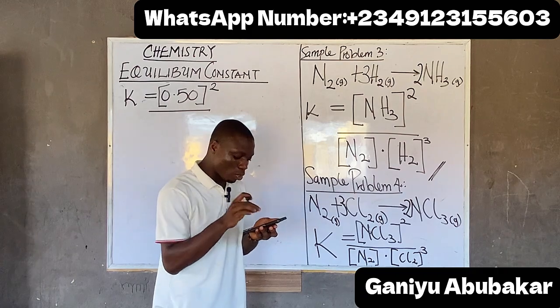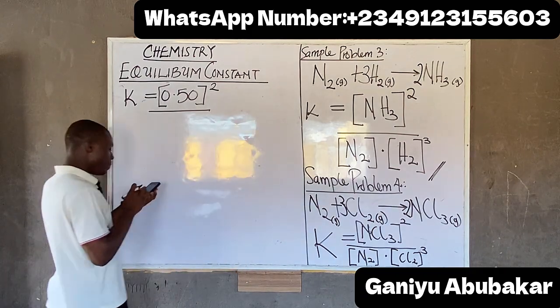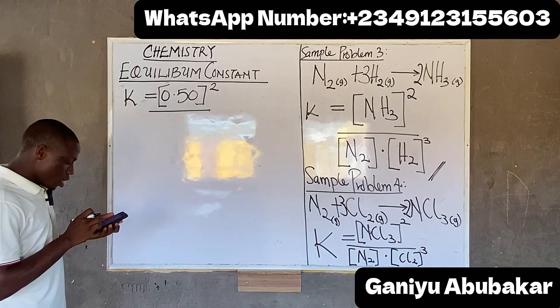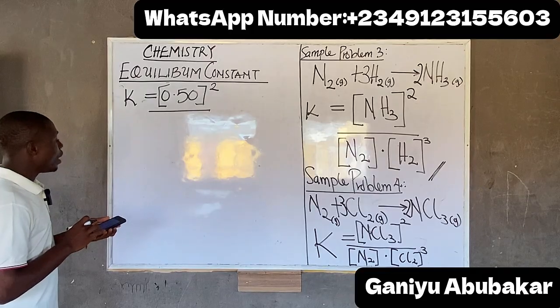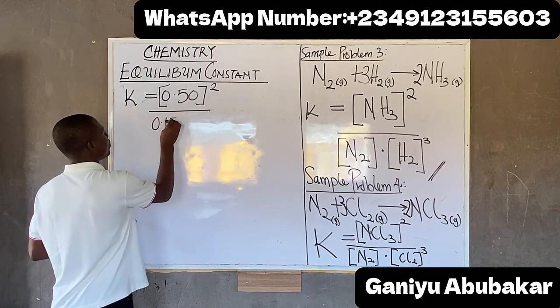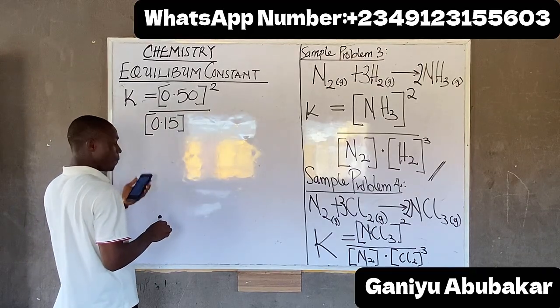Check your notes, the example I gave you. N2 is 0.15. All to the power of what there?